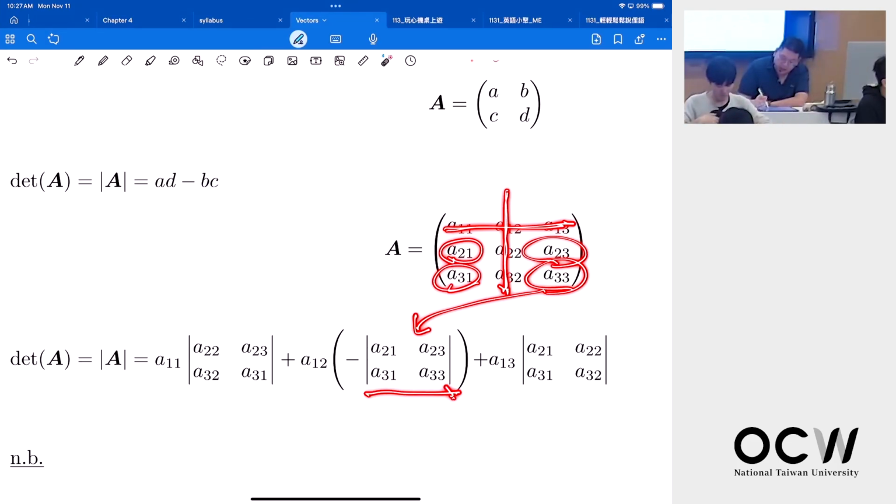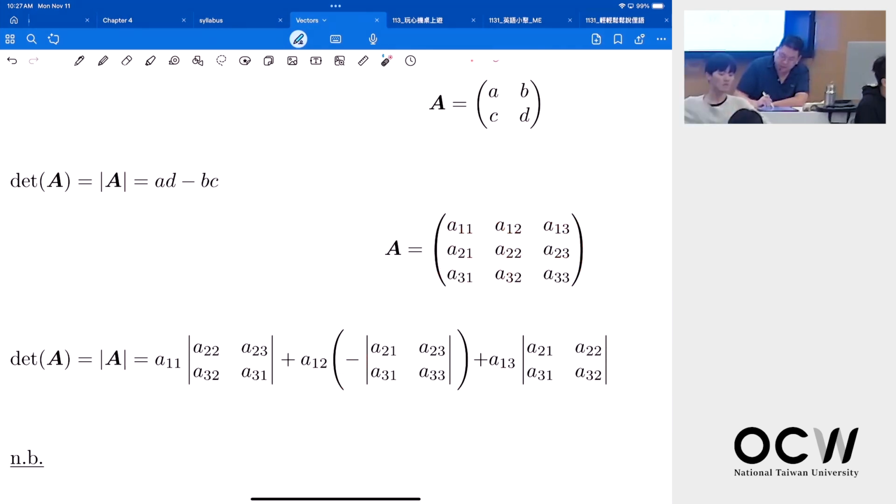And since 1 plus 2 is 3, that's odd. If it is odd, then I need a minus sign. If it is even, 1 plus 1 equals 2, that's even, I don't need the minus sign. Here, 1 plus 3 is 4, an even number, no negative sign. For 1, 3, choose 1, 3 and cross out the corresponding column and row.